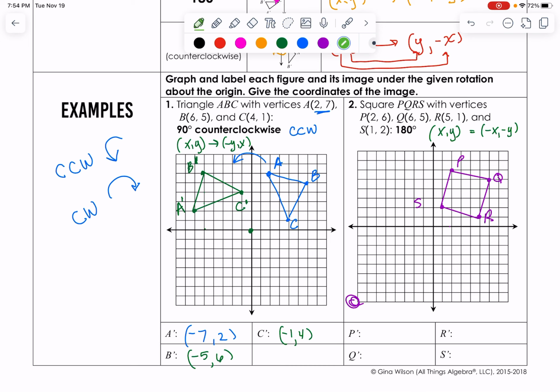So P becomes negative 2, negative 6. That's P prime. 6, 5 for Q becomes negative 6, negative 5. R becomes negative 5, negative 1.